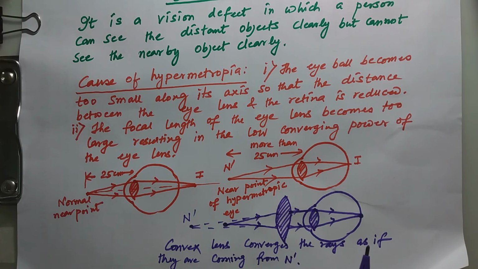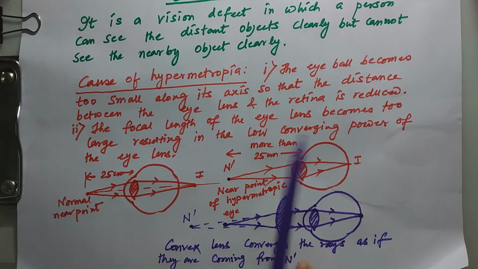One thing I want to tell you in brief: the person cannot see the near object, but if the object is at more than 25 centimeter, the person will be able to see the object.